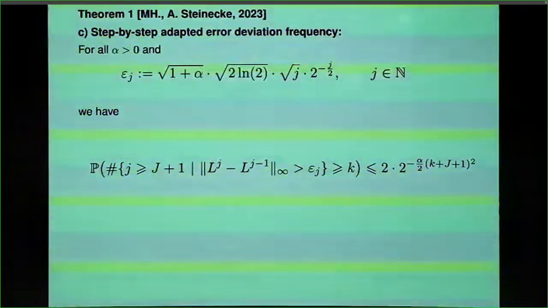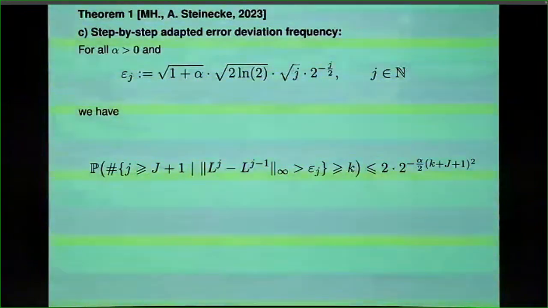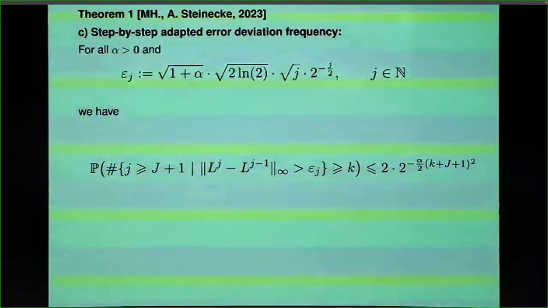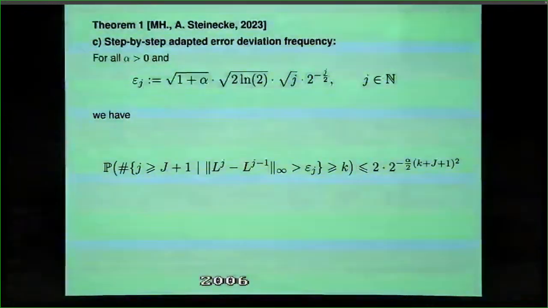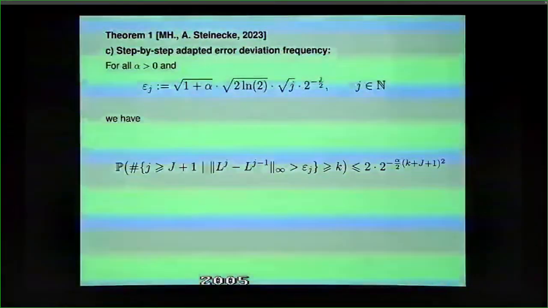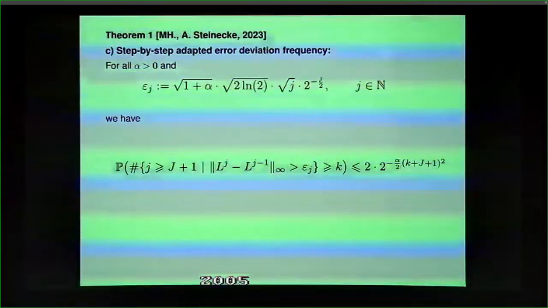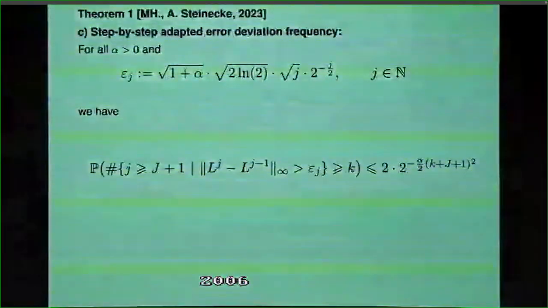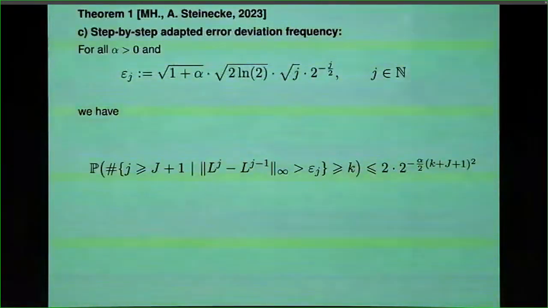This means you simulate j, or j plus 1, you simulate j times, you construct j levels of the dyadic packages of the Brownian motion, of the powers of the Levy construction. And the question is, how many times do you expect errors of something greater than epsilon j? And this epsilon j is something which goes to 0 rather fast. This means the frequency of the errors which come up there.